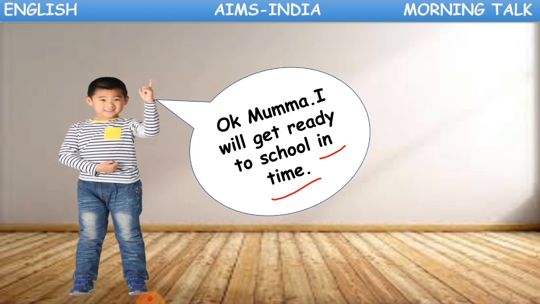Okay, children, this is how you are going to convey your words. You will have different situations in your house, especially in the morning times. According to that, you have to talk with your parents, elders or siblings, that is brothers and sisters, whomever you have in your family. Okay, children, I hope you have understood this.